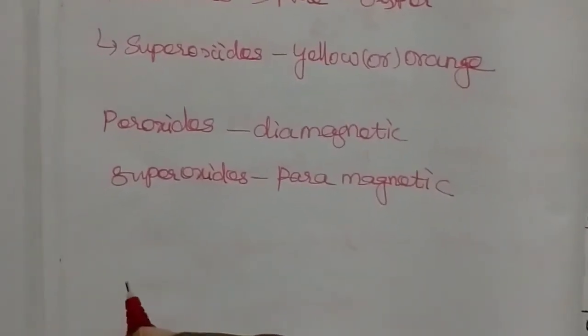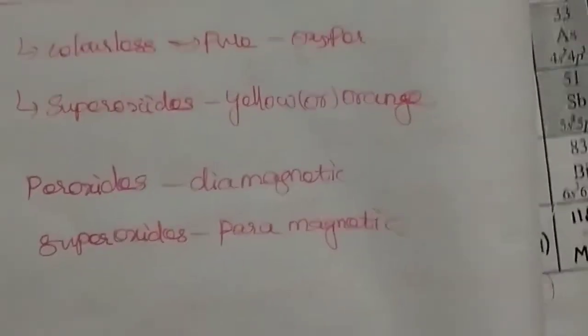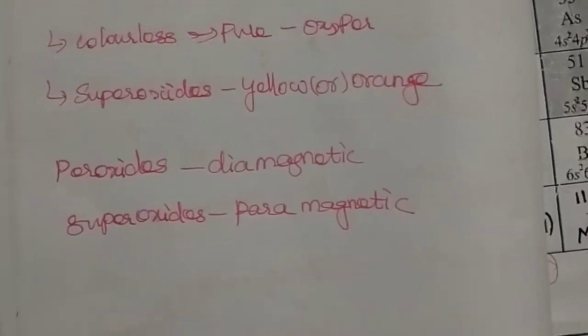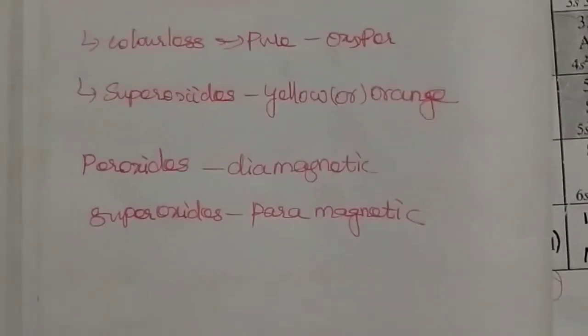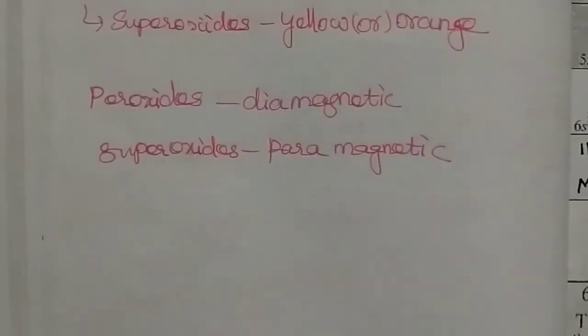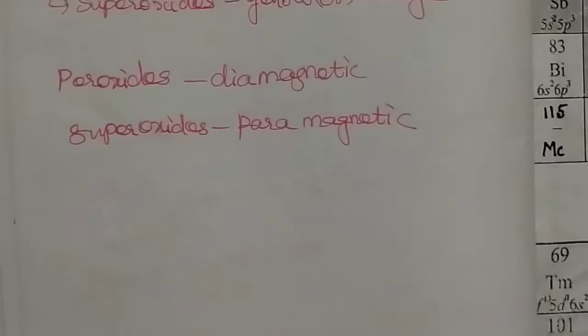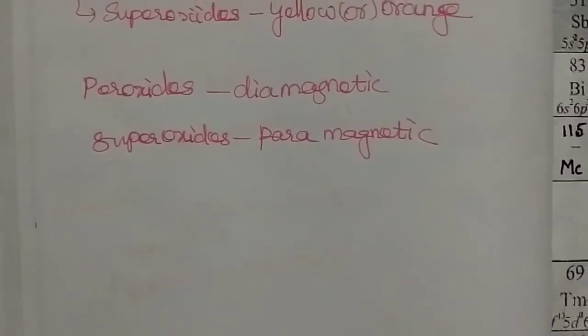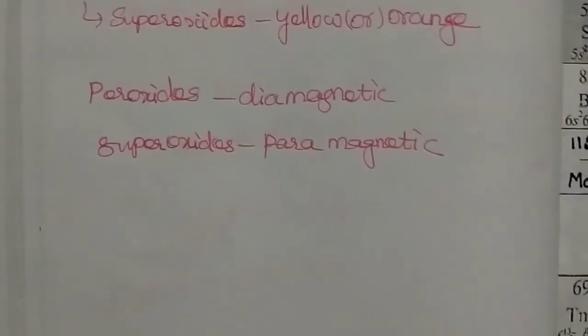Superoxides are paramagnetic. Sodium peroxide is widely used as an oxidizing agent. The hydroxide formed from the reaction of oxides and water are generally white crystalline solids.